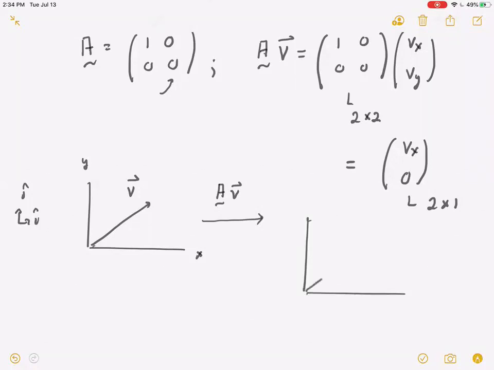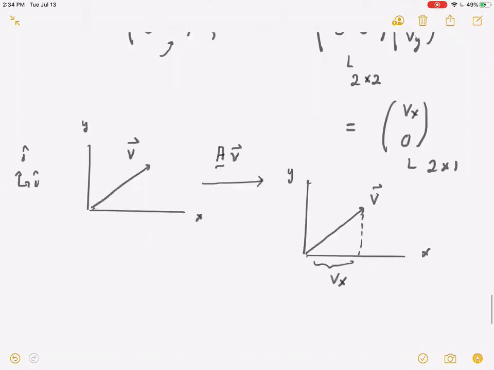What it does is it projects V onto the x-axis. So A projects V onto the positive i hat axis.